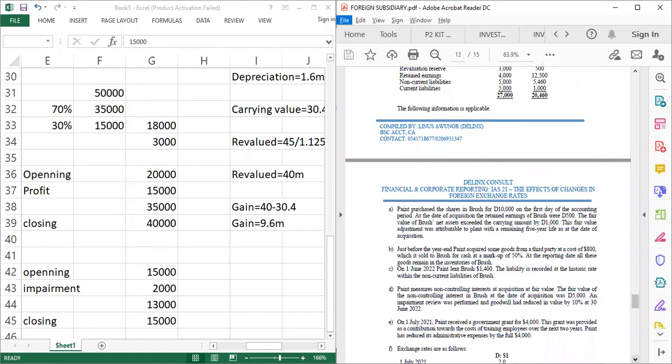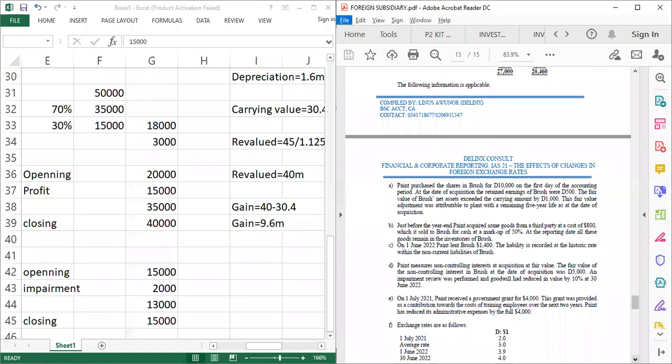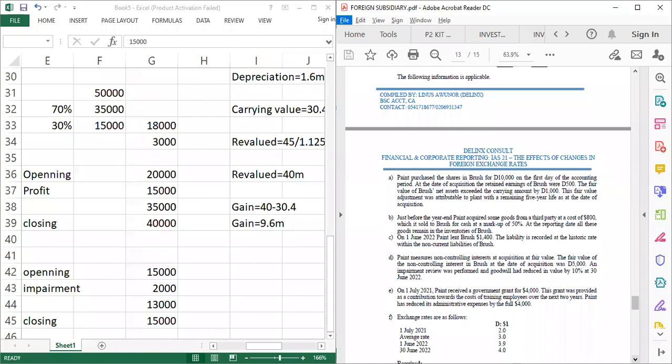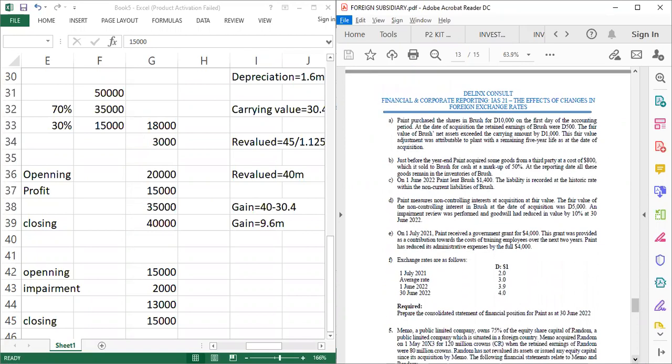Additional information. The following information is applicable. A. Paint purchased the shares in Brush for $10,000 on the first day of the accounting period.